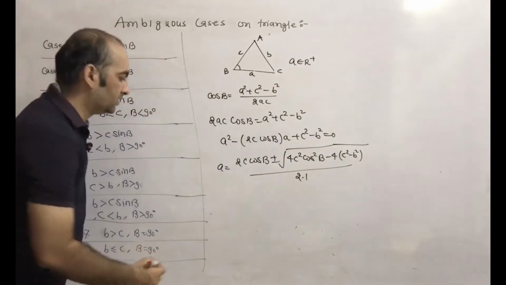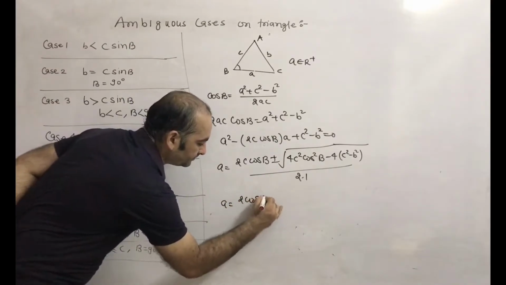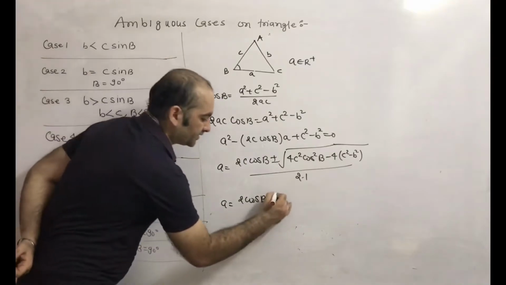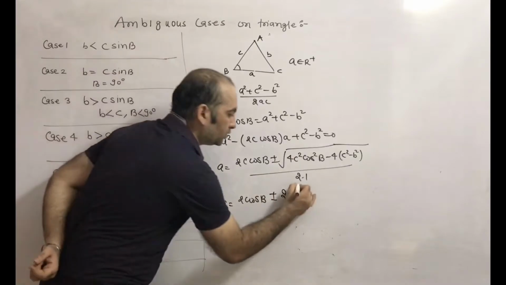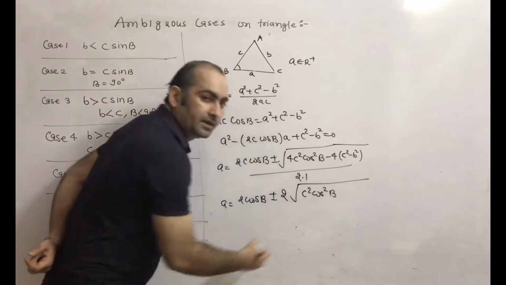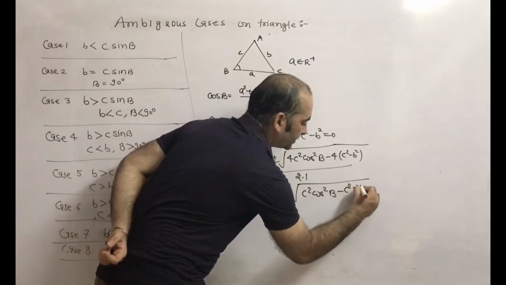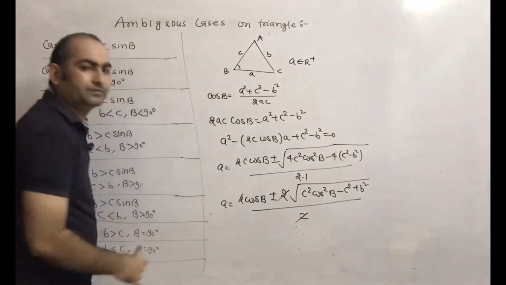So a equals 2c cos B plus minus, taking 4 common, 2 root over c square cos square B minus c square plus b square, divided by 2. The 2 gets cancelled.